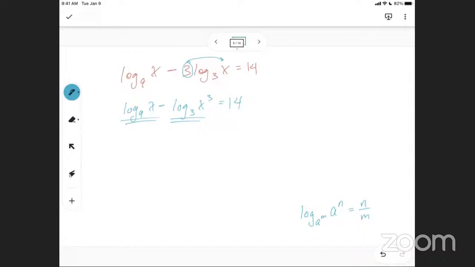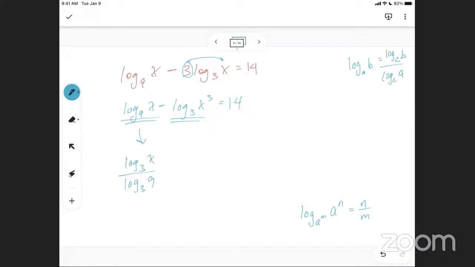So the log base A of B equals log base C of B over log base C of A. So I can change this to base 3 by calling it the log base 3 of x over the log base 3 of 9. That's what I would have to do.